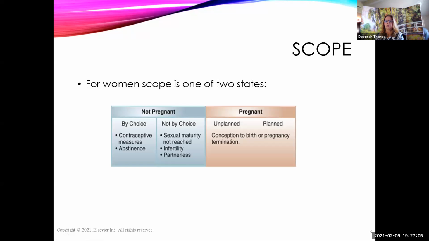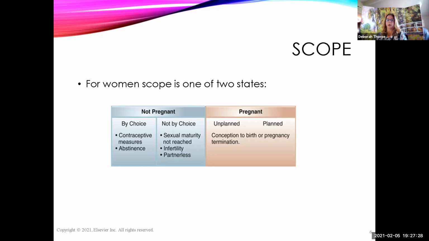By contrast, the not pregnant not by choice are individuals or couples who are unable to create a pregnancy regardless of whether pregnancy is desired or not. And that is broken down into three different categories.